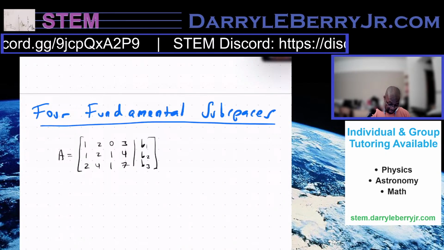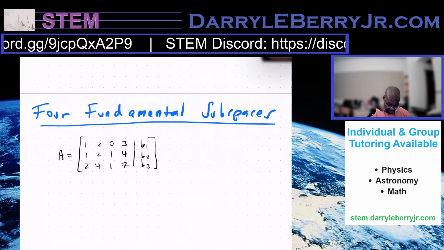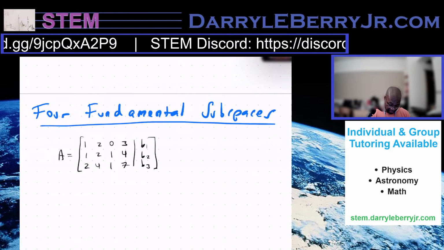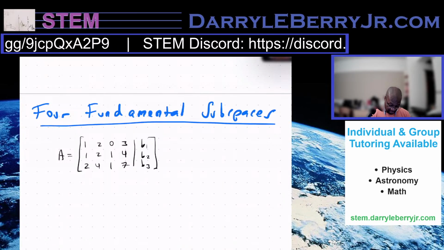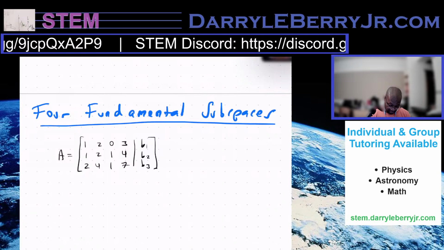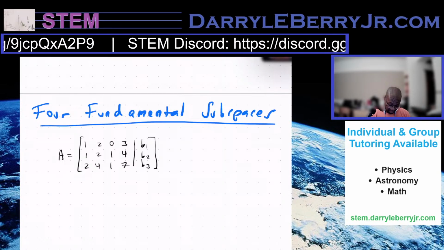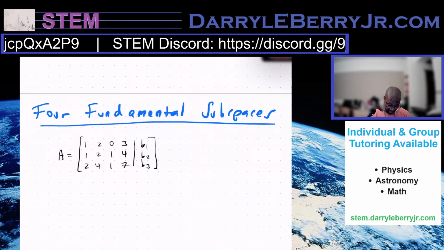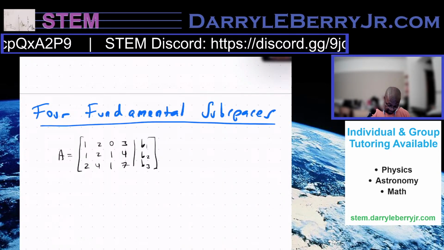All I did was solve for x1 and x3. So that's going to be x2 times negative 1, 1, 0, 0, plus x4 times negative 1, 0, negative 1, 1.